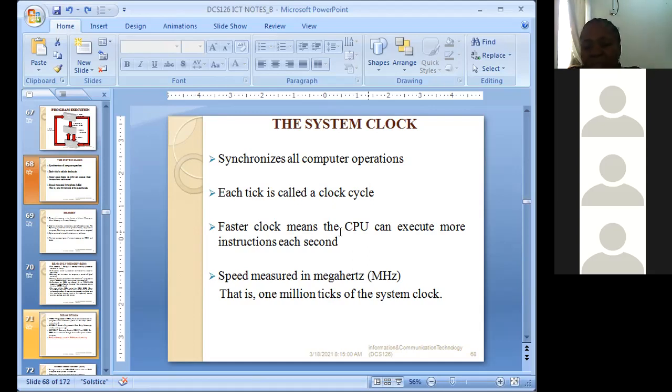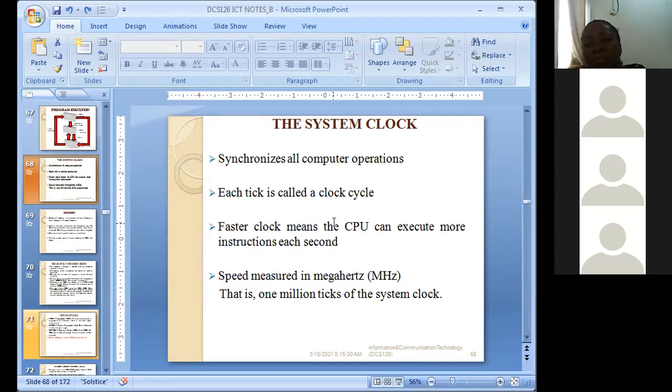Each tick is called a clock cycle. A faster clock means that the CPU can execute more instructions per second. So if you have a very fast system clock, the implication is that your CPU can execute very many instructions in 1 second.